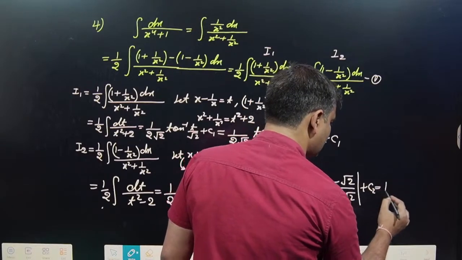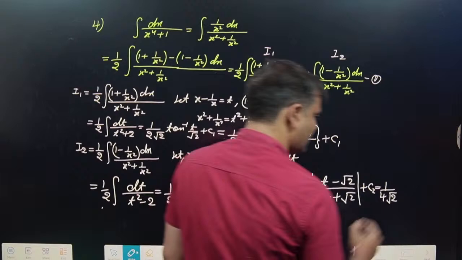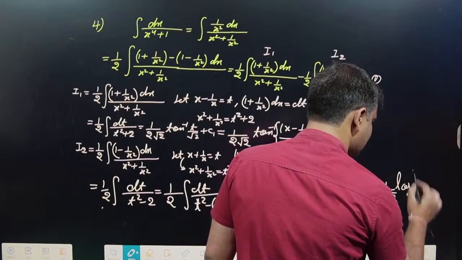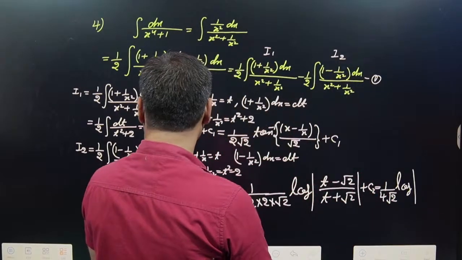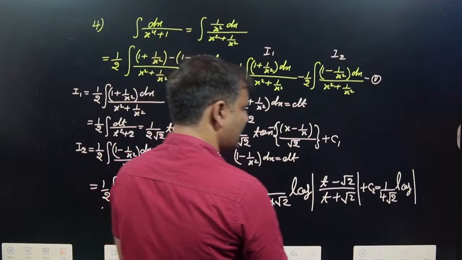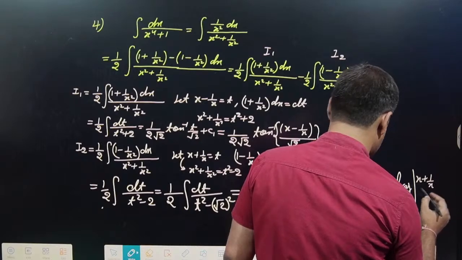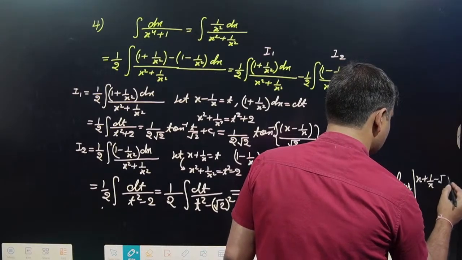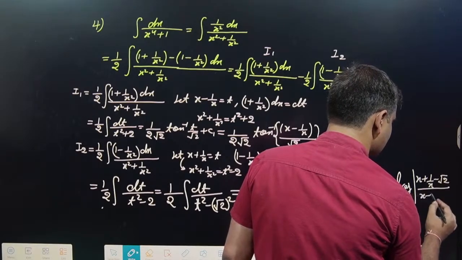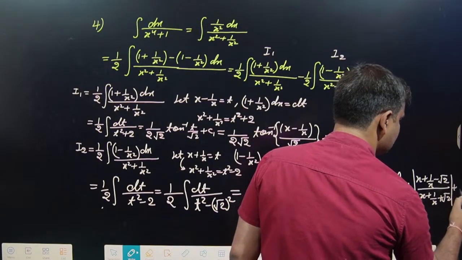So finally we get 1 upon 4 root 2 into log of, with t being x plus 1 upon x, x plus 1 upon x minus root 2 divided by x plus 1 upon x plus root 2 plus c2.